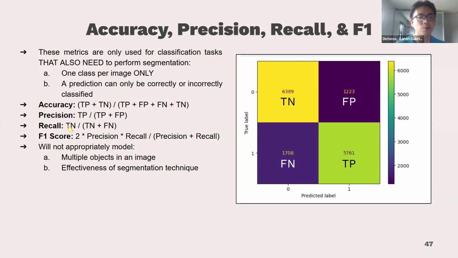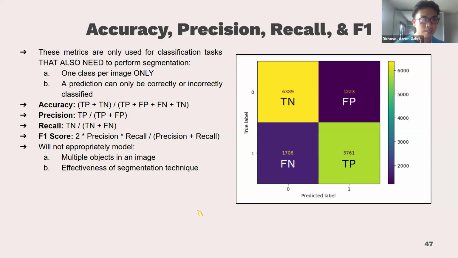Recall specifically focuses on getting the true negatives. So if you want your model to focus on correctly identifying the true positive labels, you would usually look at precision. And if you focus on recall, you're looking into the true negatives of the model. The F1 score is kind of a balance between precision and recall.